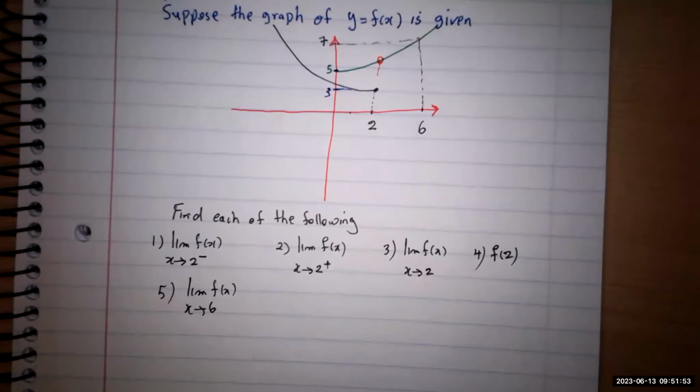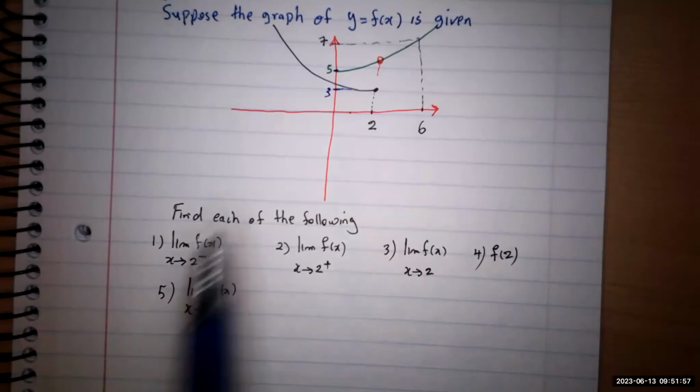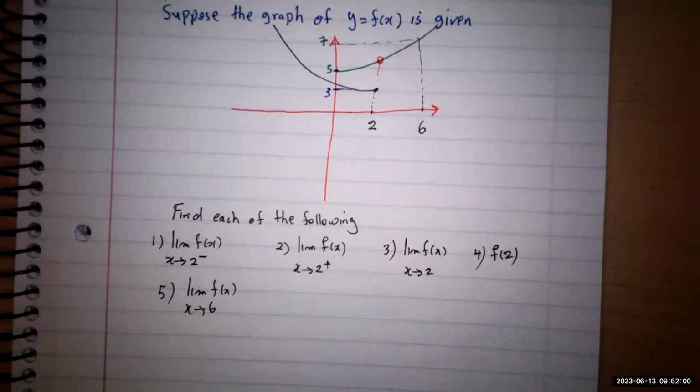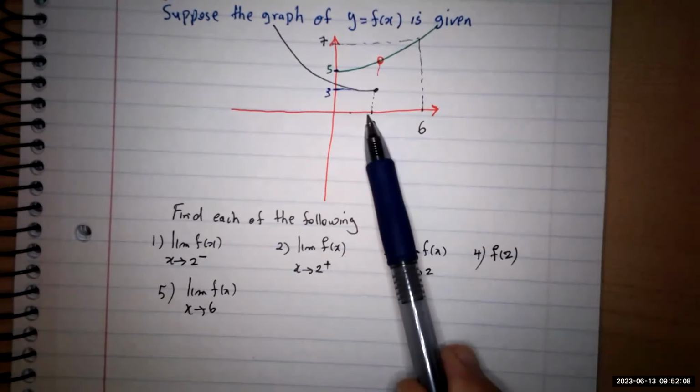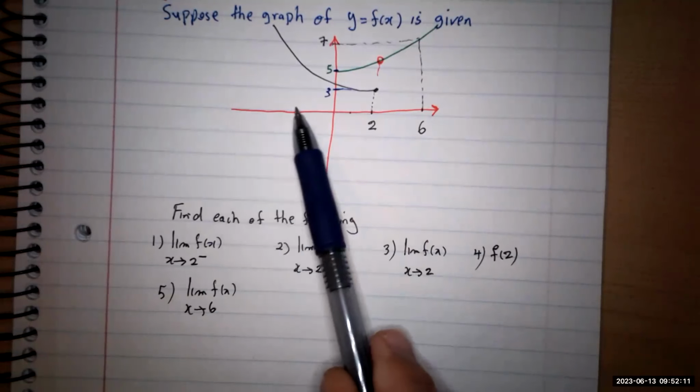Okay, so as we did for the other part, for each part you have to pick some numbers, but you can pick them on the graph. Are you ready? Limit of f of x, x goes to 2 negative. You see this is 2. 2 negative means from this direction.